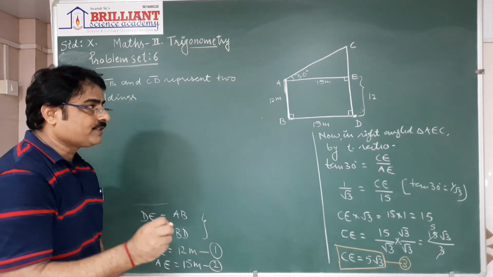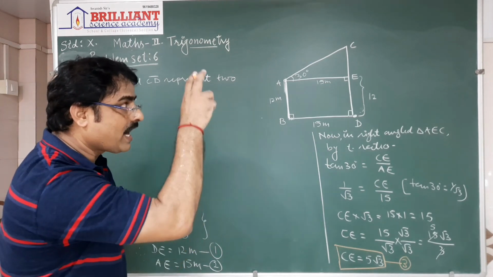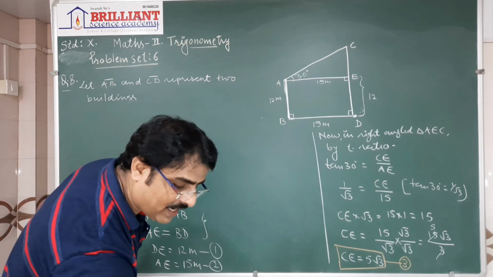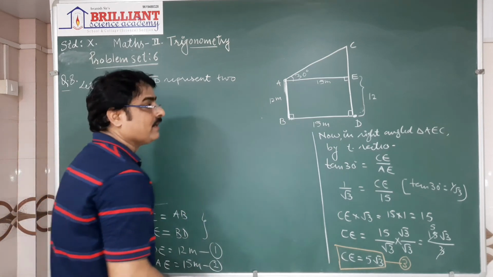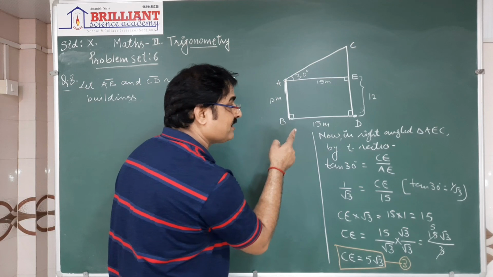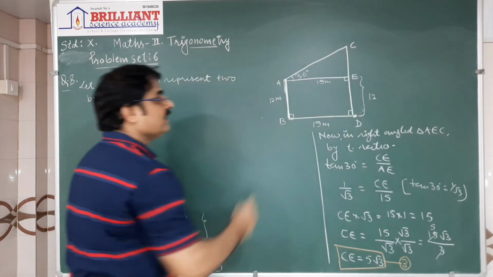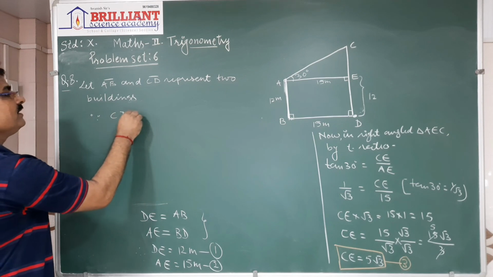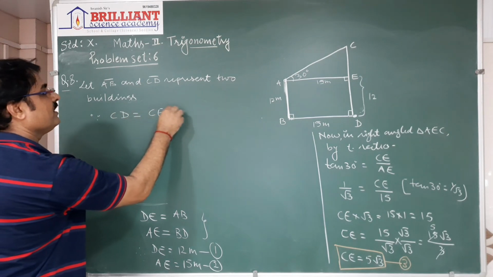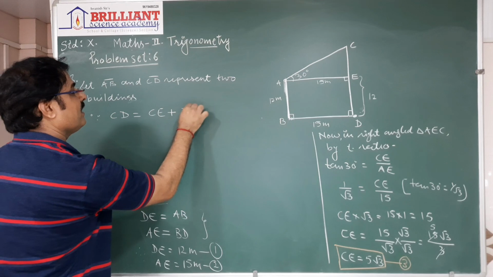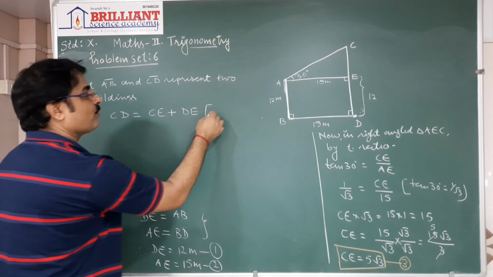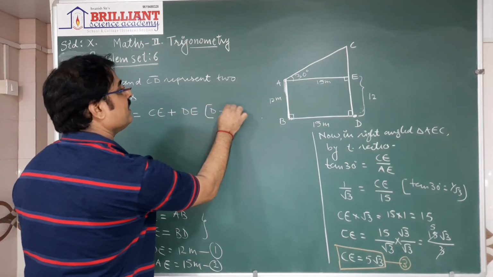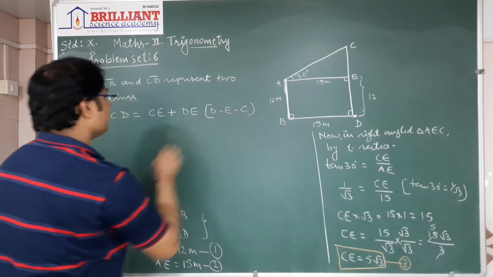Now in this question we will find the height of the second building. Which segment represents the height of the second building? Segment CD. Now CD is equal to CE plus क्या हो जाएगा? DE. ऐसा आपने क्यों किया? D, E, C are collinear points.